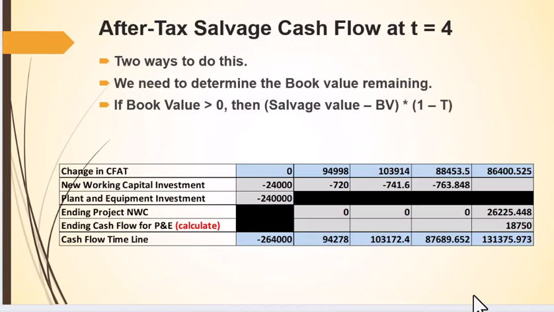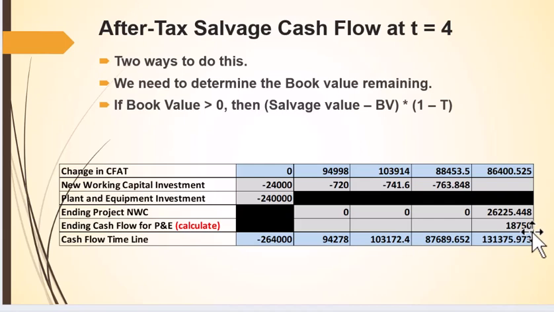The next thing we have to consider is the after-tax salvage cash flows. Again, there are two ways we can do this. We need to determine the book value remaining at the end of the project. If the book value is greater than 0, then it's the salvage value minus that book value, times 1 minus T. In this case, for this ending cash flow, we have to review those numbers and find out if the book value is greater.